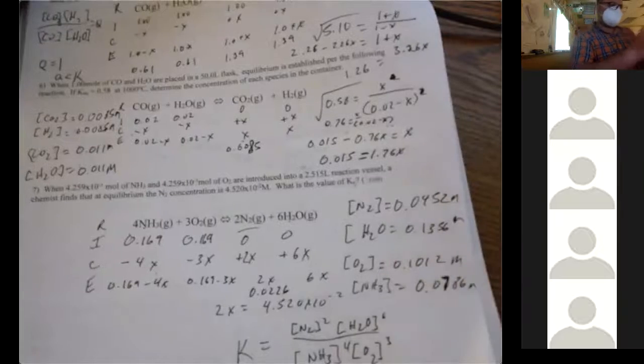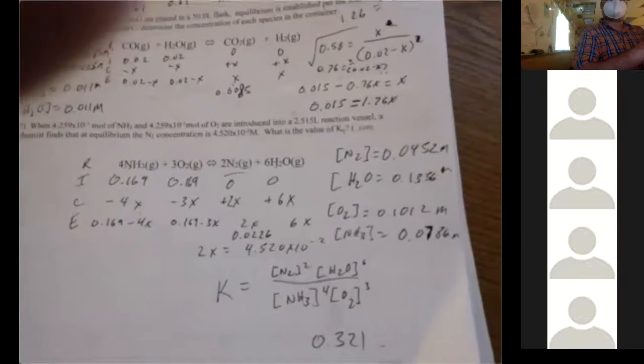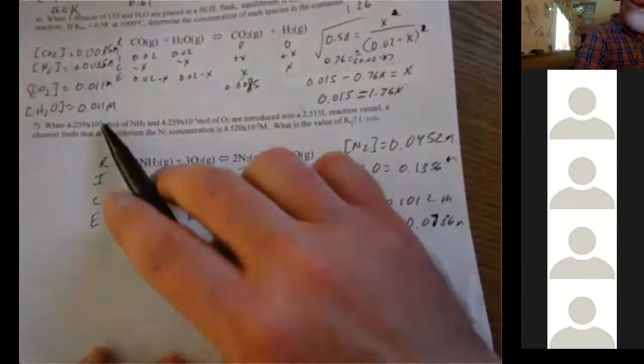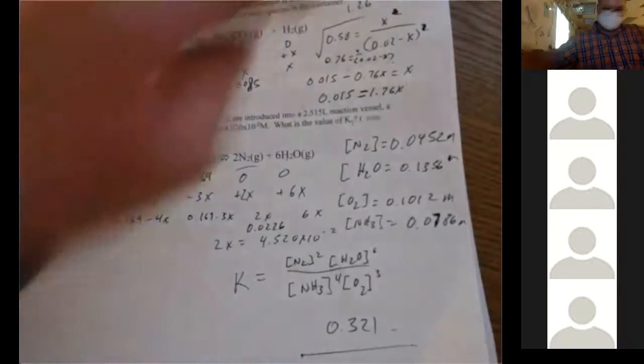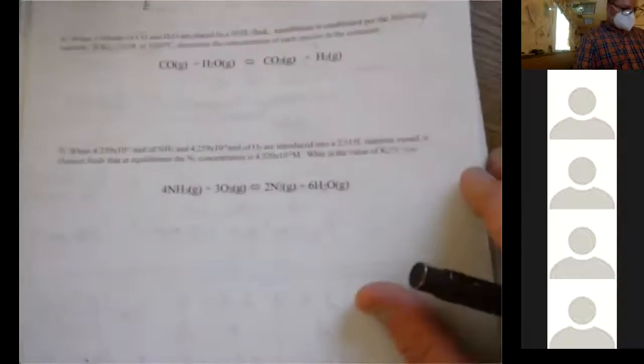And the last one. Yep. I can probably go through it. So let's take a look. So we have the reaction, the initial, the change, and equilibrium.